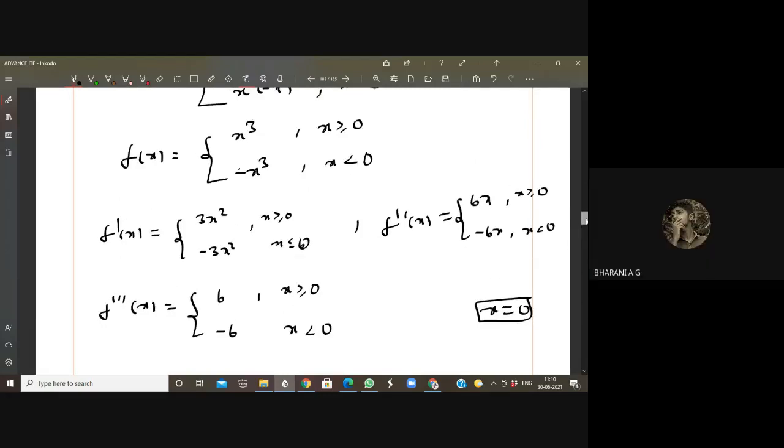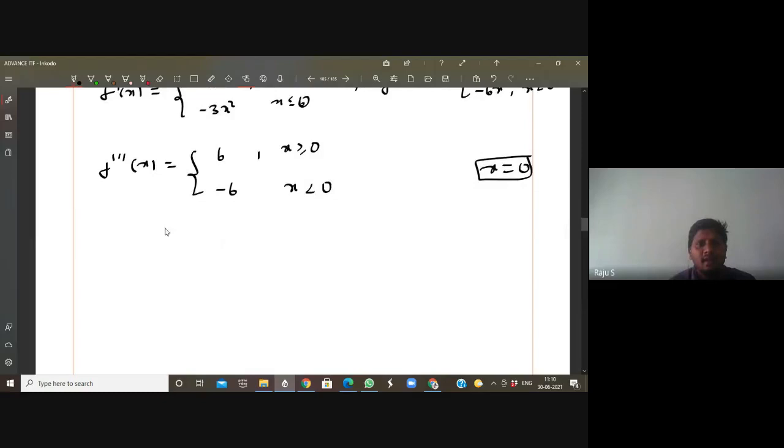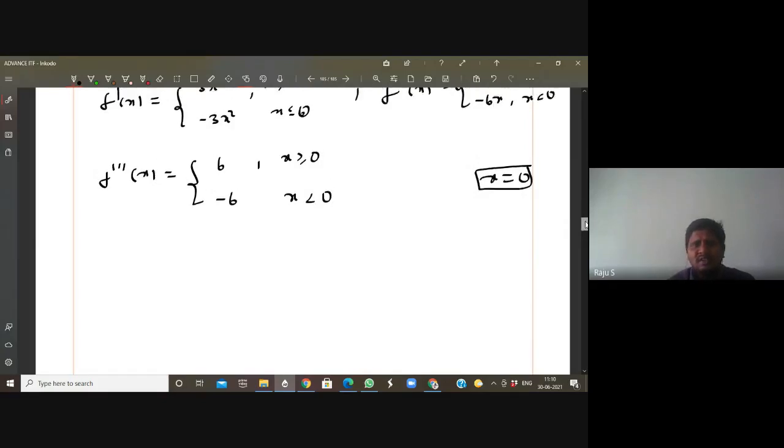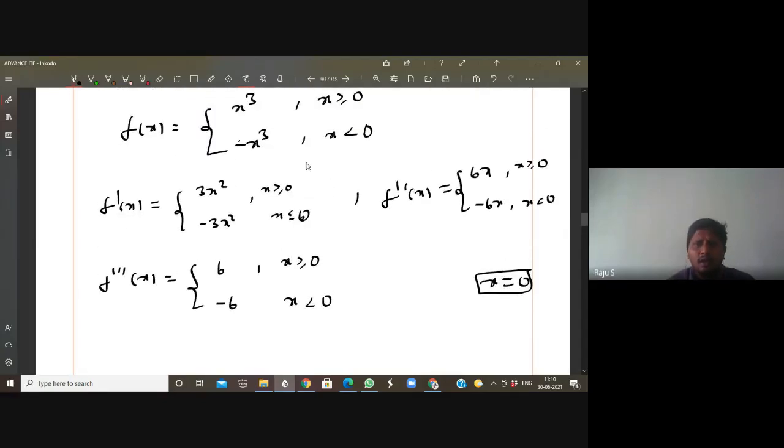Sir, no, sir, because it will be 0 at the initial moment. Exactly. So it is differentiable at 0. The function is first differentiable, second differentiable, but not third differentiable. See here, in first differentiable, substitute 0, 0 equal to 0. Second differentiable, 0 equal to 0. But third differentiable, 6 not equal to minus 6.